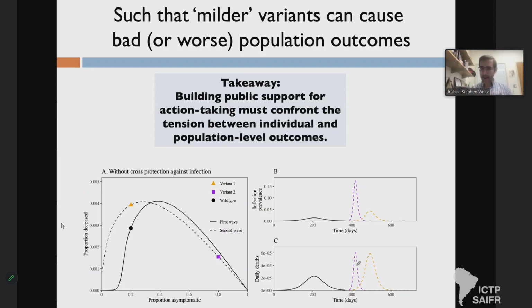SARS-1 did not have this pre-symptomatic or asymptomatic transmission route by and large. SARS-CoV-2 did. Even though it had a lower fatality rate, the fact that it could reach many more people was really the key unfortunate ingredient that led to so many more people being infected, and therefore a small fraction of a much larger number having severe, if not fatal outcomes.